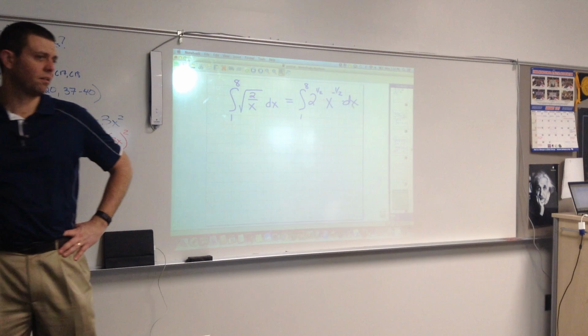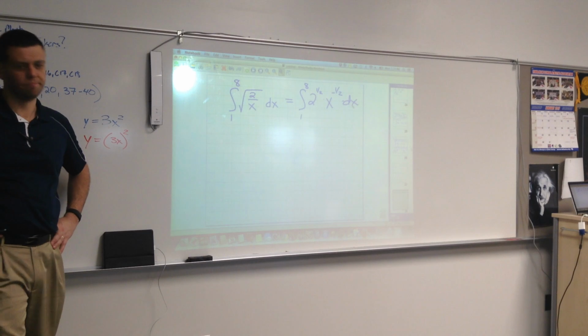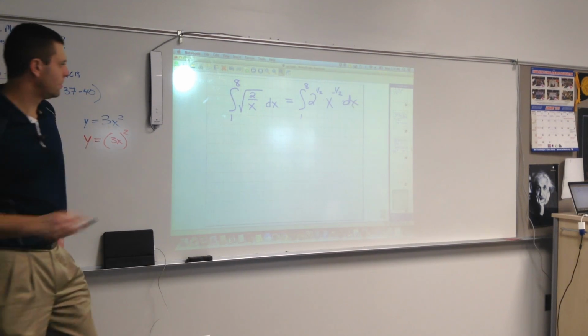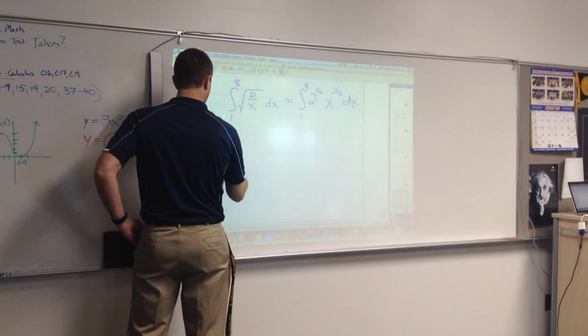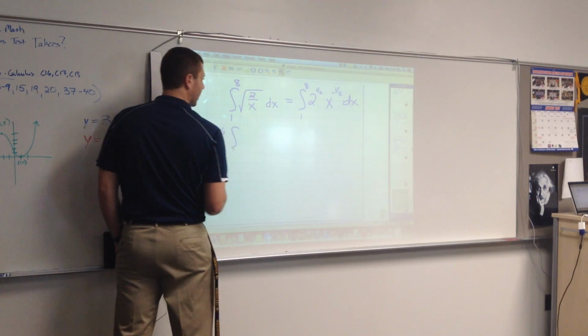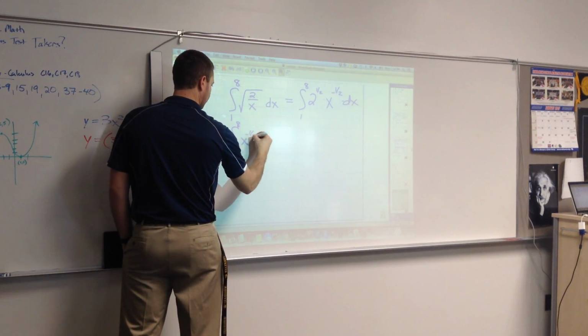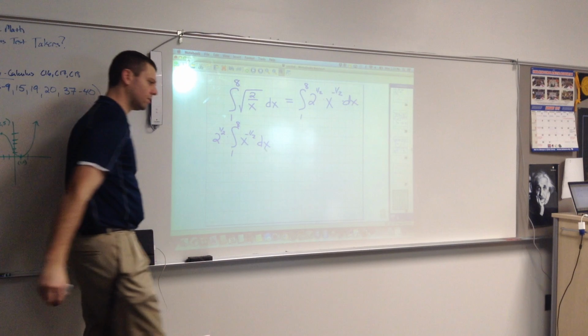You want to move that constant out to the front too? So you don't have to mess with it? Yeah, I would. So I have 2 to the half power out in front, and the antiderivative from 1 to 8 of x to the negative 1/2 dx.